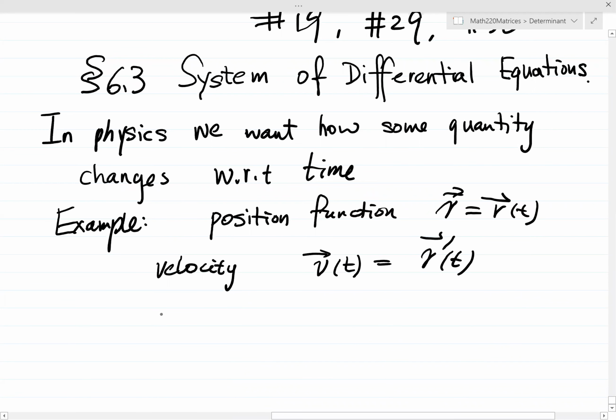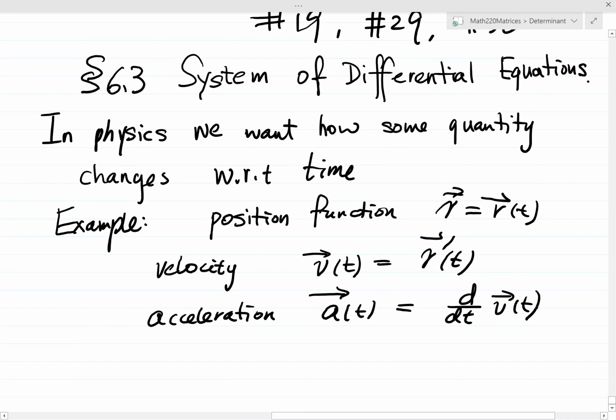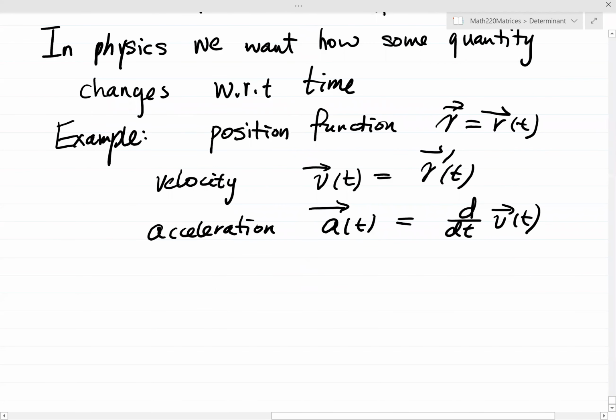Now, acceleration a(t) is the derivative of v(t). Let me use Leibniz notation, d/dt of v(t). Now these things, velocity and position, they are vectors.